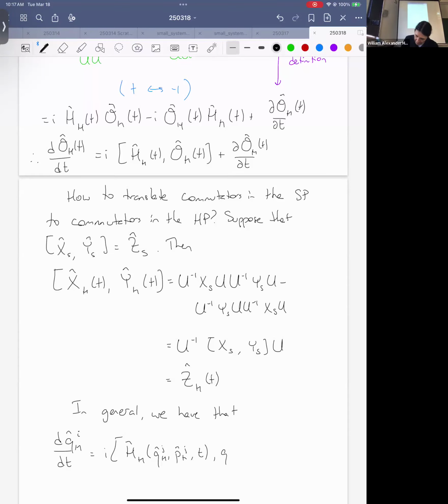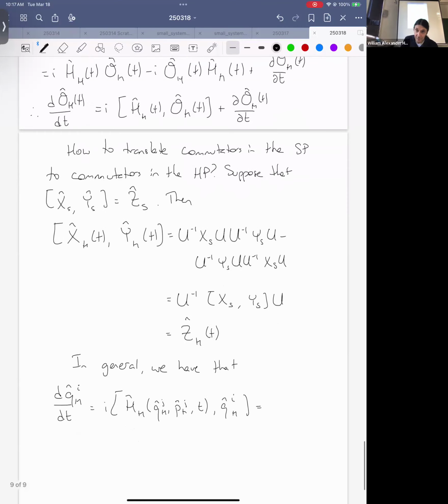And my Q operator in the Heisenberg picture is going to be equal to the partial derivative of the Hamiltonian in the Heisenberg picture with respect to the momentum operator in the Heisenberg picture.